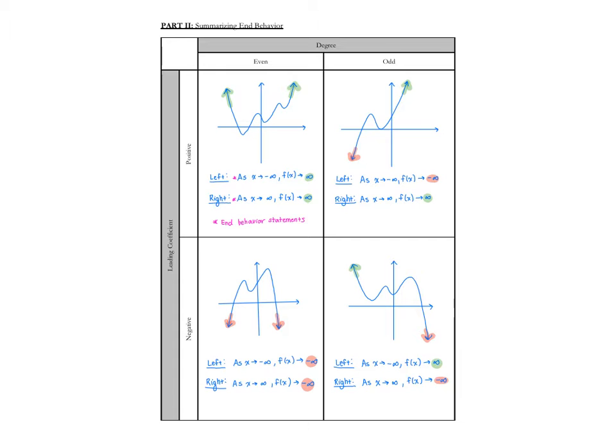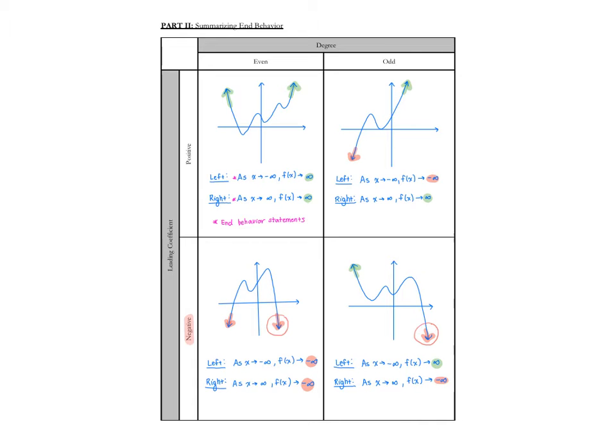But I find that a helpful strategy for remembering exactly how this works is that anytime your leading coefficient is negative, you will always be ending in the negative zone, whether your degree is even or odd.